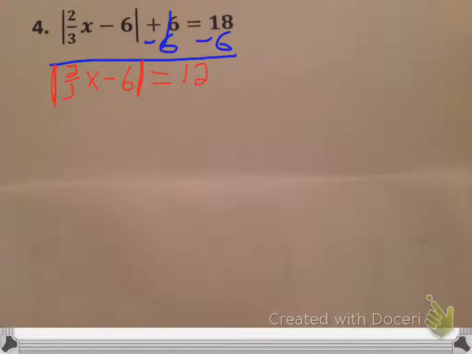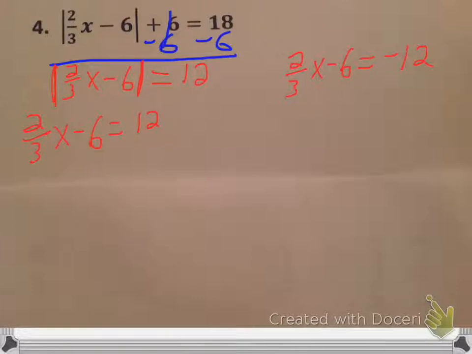So now the absolute value equals a number, so now I can go ahead and set them up in two separate equations. I'm going to take what's inside the absolute value, 2 thirds x minus 6, equals 12. And on the other side, I'm going to go 2 thirds x minus 6 equals the negative 12.